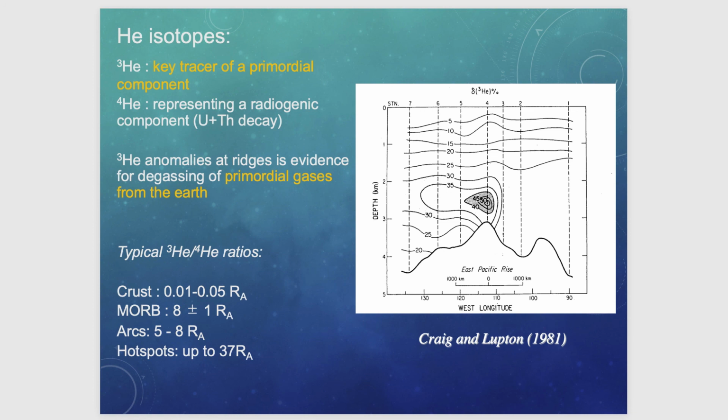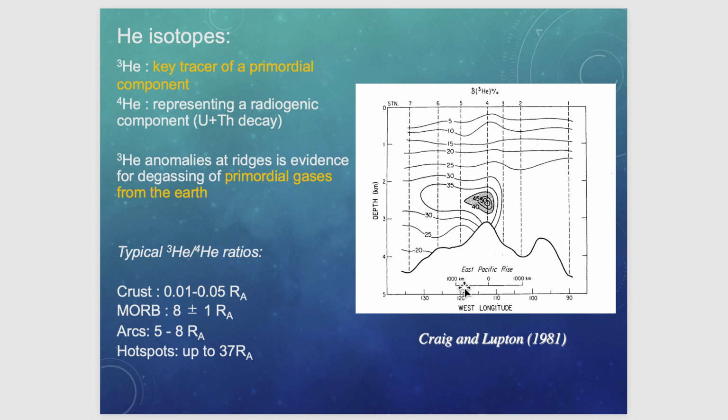In this case, they can be used to identify the position of a ridge, and you have here the example from Craig and Lupton that illustrates the East Pacific Rise. So we have pretty much this profile of the rise, which is related to the seamounts that form when you are on the ridge.